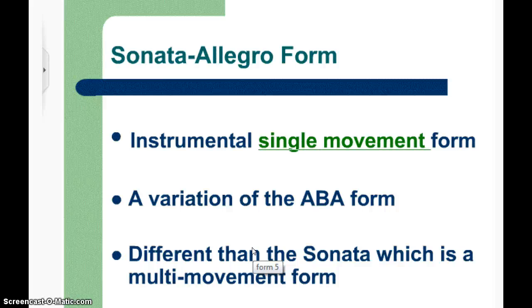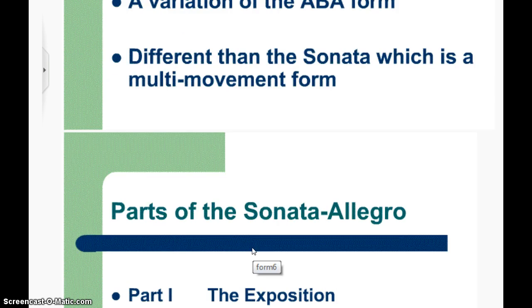It's different than a sonata. We just looked at the sonata, which is a form of its own. But get this, the Sonata Allegro is the name of the first movement of the sonata. Got that? It's a little complicated. Let me try to explain it to you.